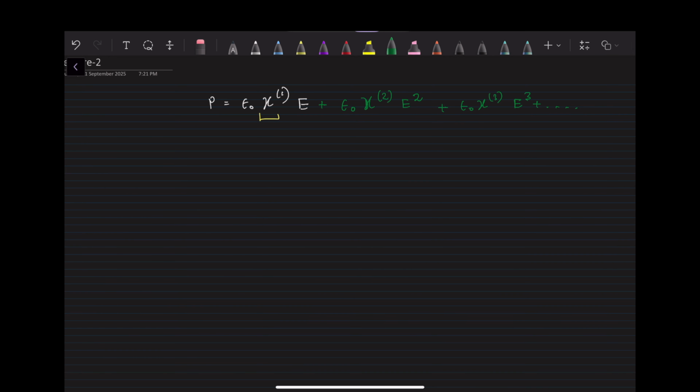Here, polarization is proportional to electric field. Of course, that's the linear domain. But when we have strong enough electric field, we also get all of these nonlinear terms.